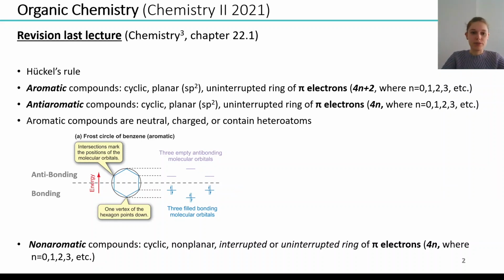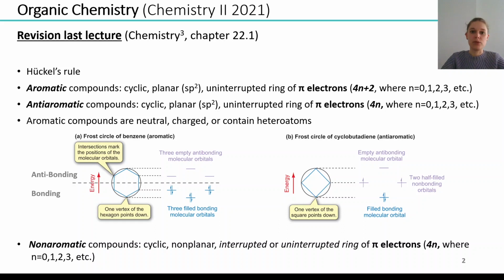And of course, the Frost circle can also be drawn for other compounds, for example, for cyclobutadiene, which is an anti-aromatic compound. And similar to benzene, we again first draw the overall structure of cyclobutadiene, which is now a square.